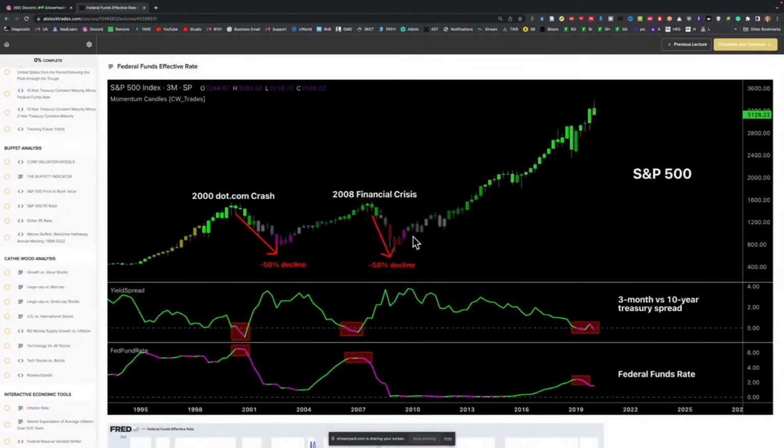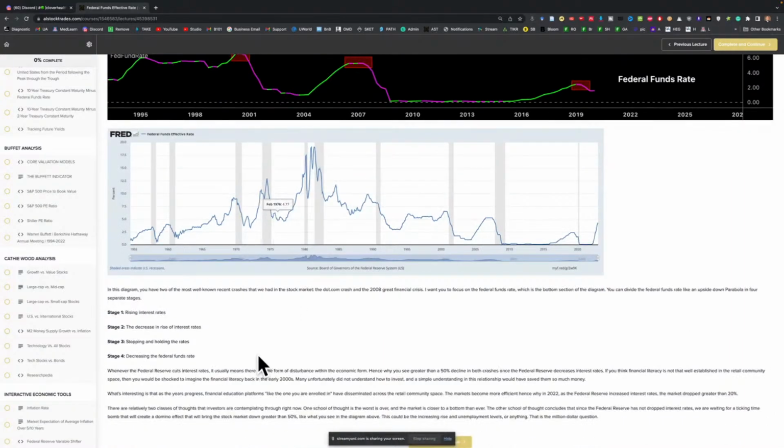This is just a broken down diagram, which I really enjoy because it brings home the concept of what I'm about to explain to you regarding the relationship between the stock market and the federal funds rate. Okay. For all of our members, you can read down here, but essentially we broke this down into 4 stages.